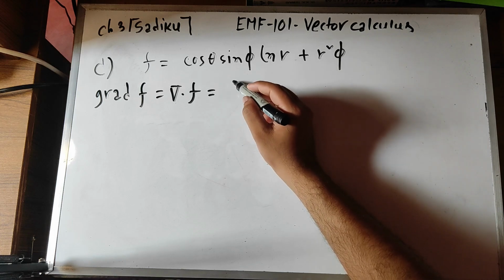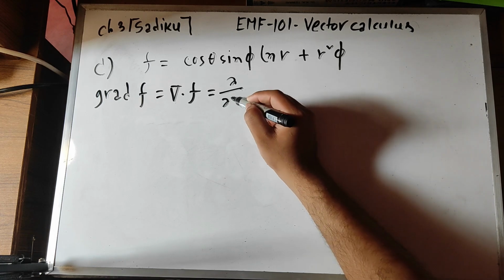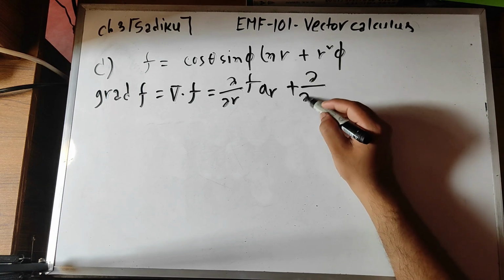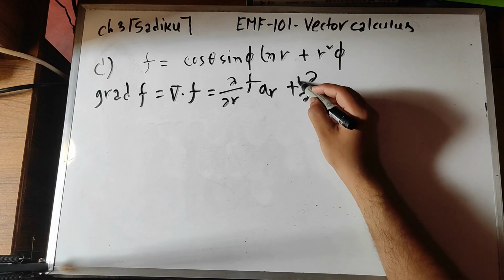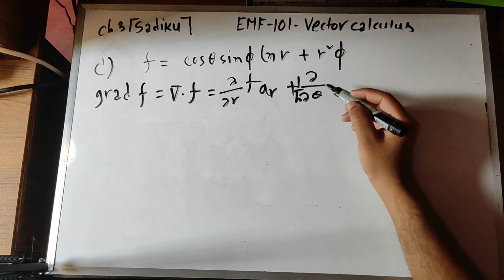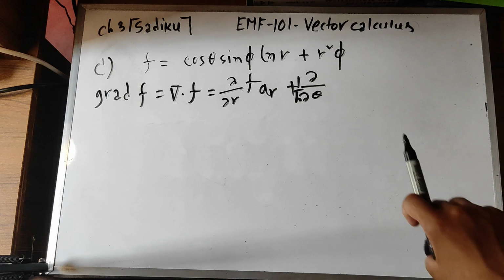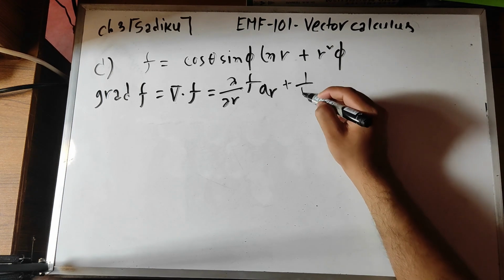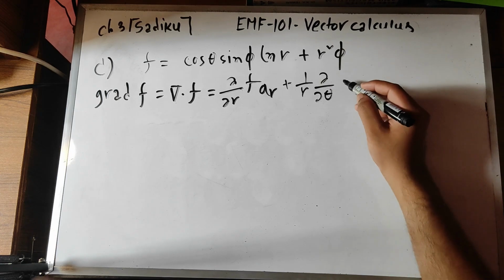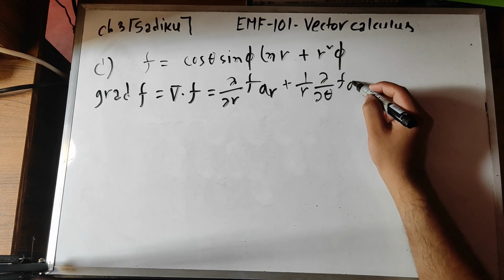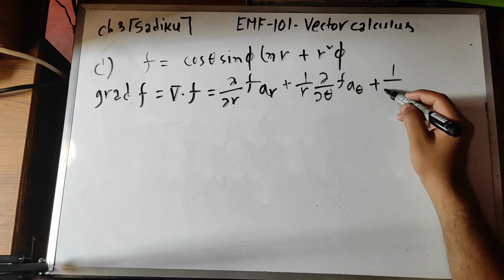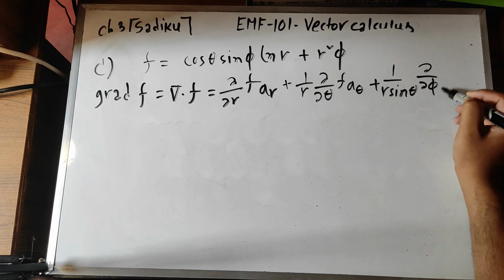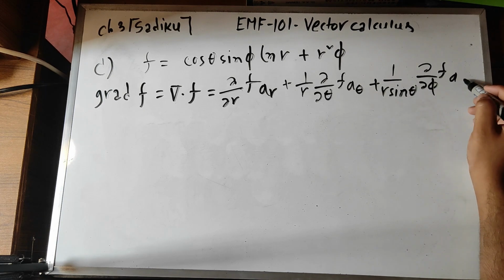So del by del r of f in the direction ar plus 1 by r del by del theta of f in the direction a theta plus 1 by r sine theta del by del phi of f in the direction a phi.